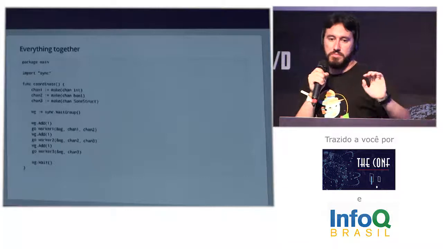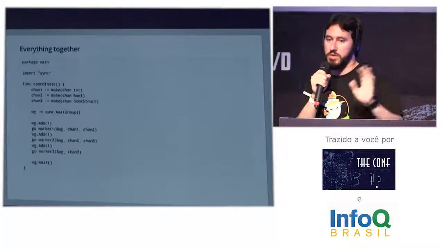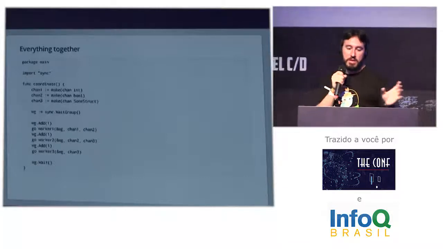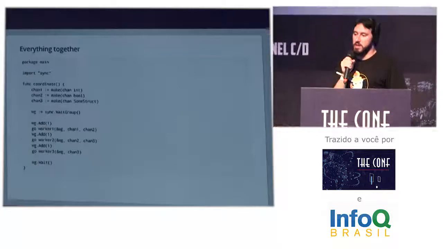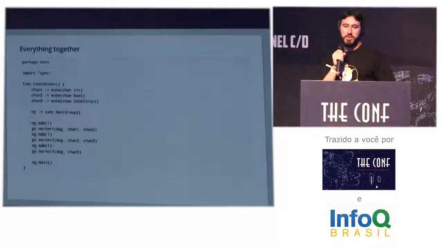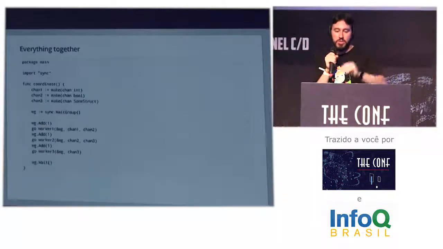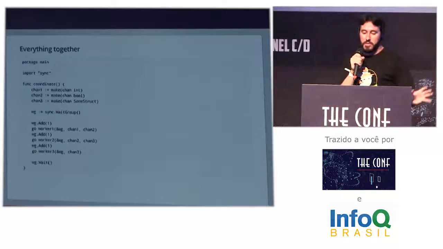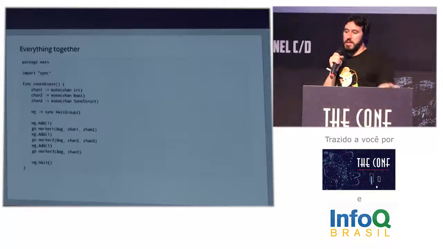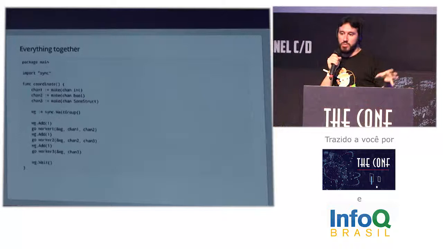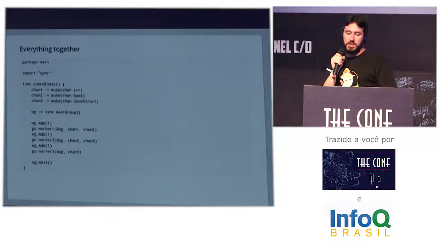So you pick the semaphore and tell me when you're done, and take the channels that you're going to need to work on. One of them you can use as input, the other one you can use as output, and then for the next worker we are connecting them by the channels. So in the first worker I'm sending channel 2 as my output, and that output in the first worker is going to be the input of the second worker.